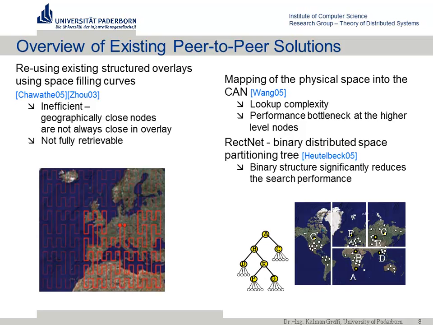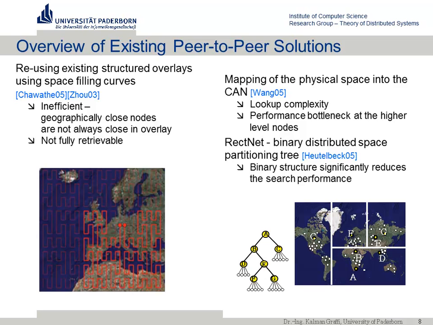So it goes along and fills the whole world, and every point is somehow matched to one specific point in the identifier space, and this is still one-dimensional. We could use this kind of mapping in Chord to also do some location-based search, but as you can also see, it's very inefficient because it's a mapping to one-dimensional space, and two very close points in the two-dimensional space are quite far away in a one-dimensional space.